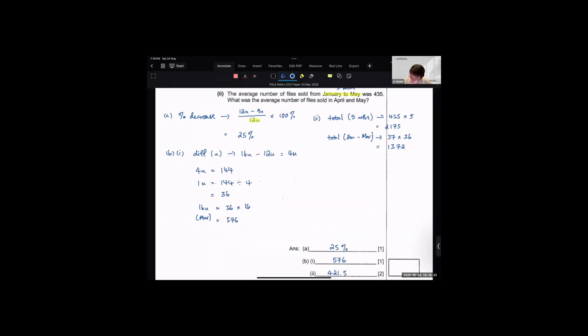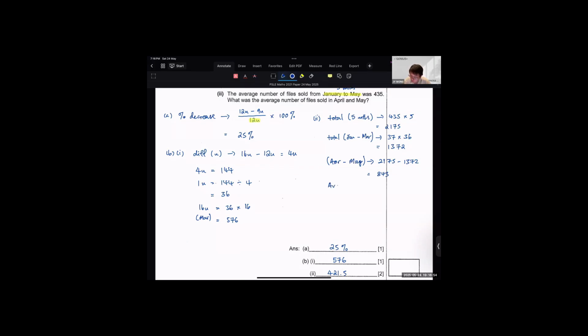And therefore, April to May, both months will be 2175 minus 1372. That will give me 843.